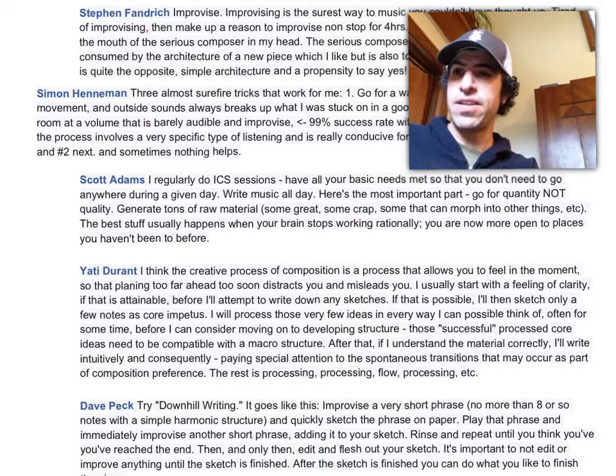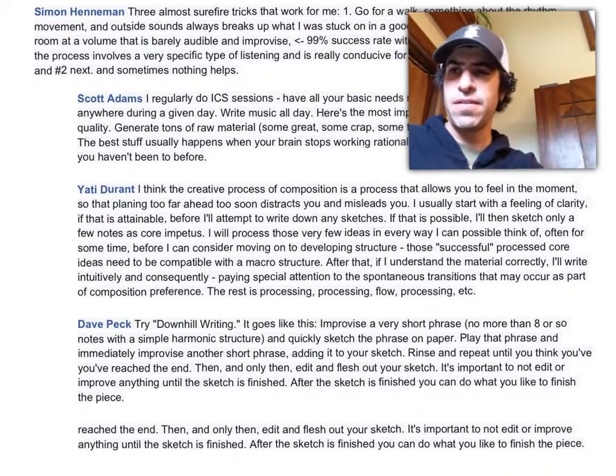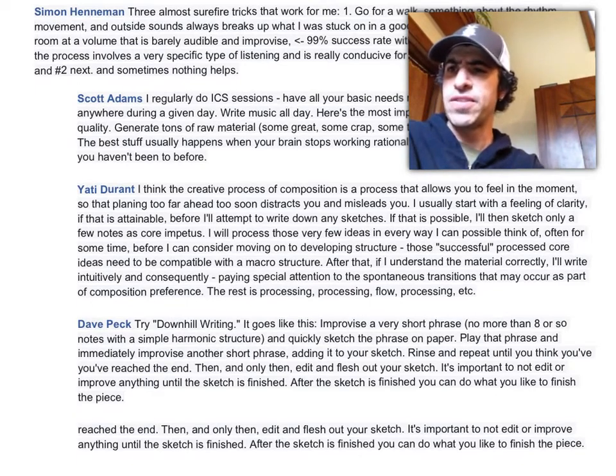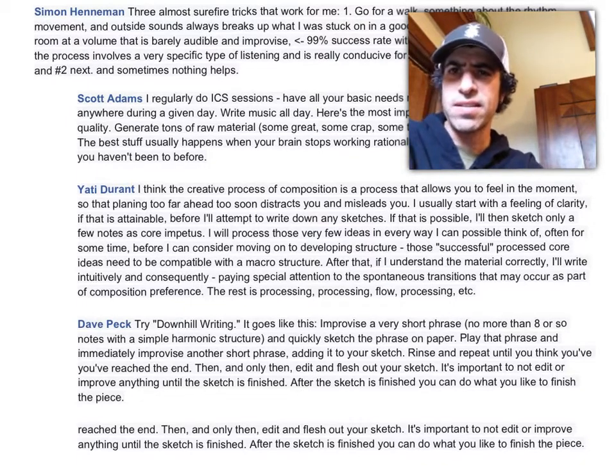Great ideas. Here's one from Yachty Durrant, an old friend of ours and fabulous composer, who lives in the UK, I believe, these days. Yachty says, I think the creative process of composition is a process that allows you to feel in the moment, so that planning too far ahead too soon distracts you and misleads you.